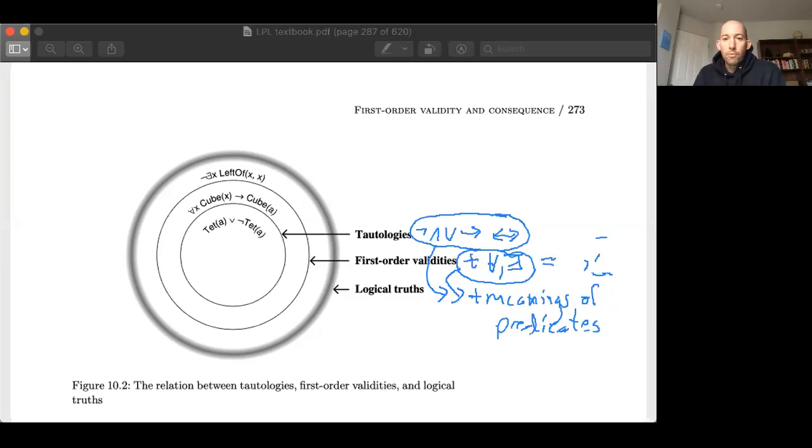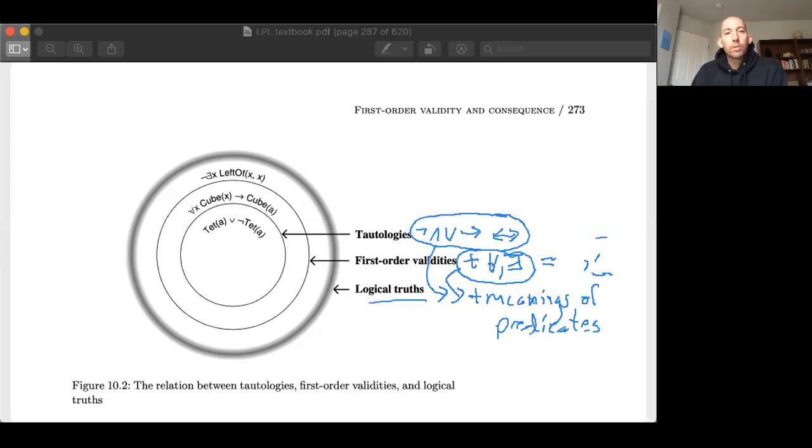So if the only predicate that makes a difference is identity, then we still count that as a first order validity. But for all other predicates, like left of, same size, cube, being a tetrahedron, as soon as we care about those meanings of predicates and those meanings contribute important information that determines that something is necessarily true, that's when we have a logical truth.